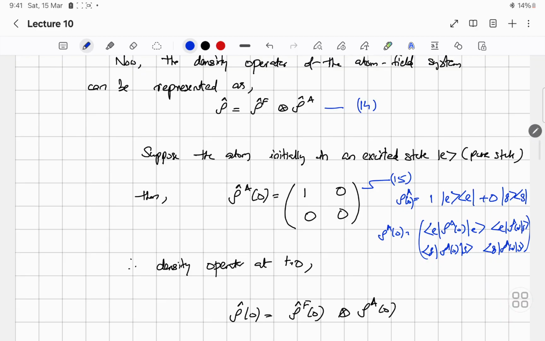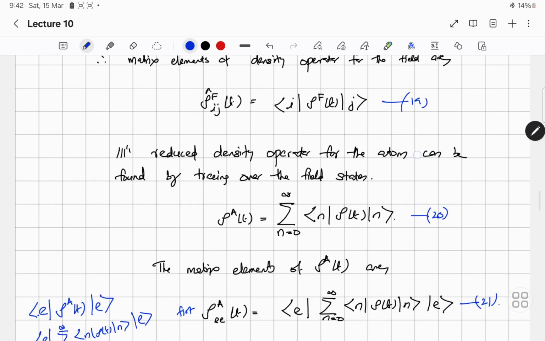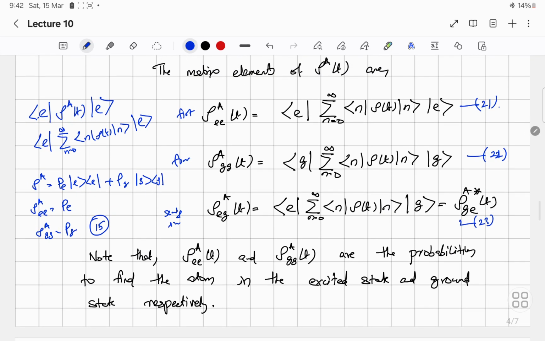Suppose the atomic density operator has only one probability, 1 |e⟩⟨e| plus 0 |g⟩⟨g|, then the density operator is of this form. Remember, this is your P_e and this is your P_g. If you take the inner product of ρ_A with |e⟩⟨e|, we get the probability to find the excited state, and this would give the probability to find the atom in the ground state.